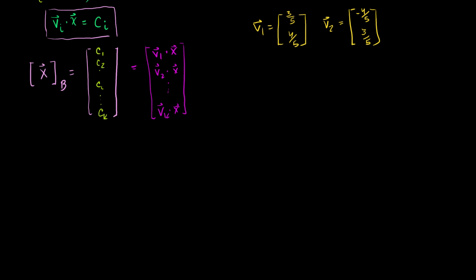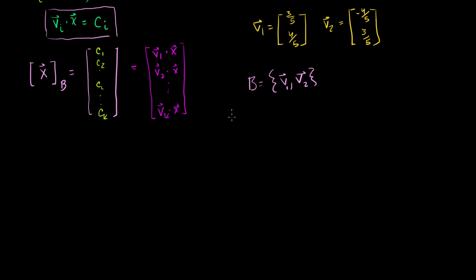And let's say that the set B is comprised of just those two vectors, v1 and v2. Now, I'm about to claim that this is an orthonormal set. So let's just prove it to ourselves.